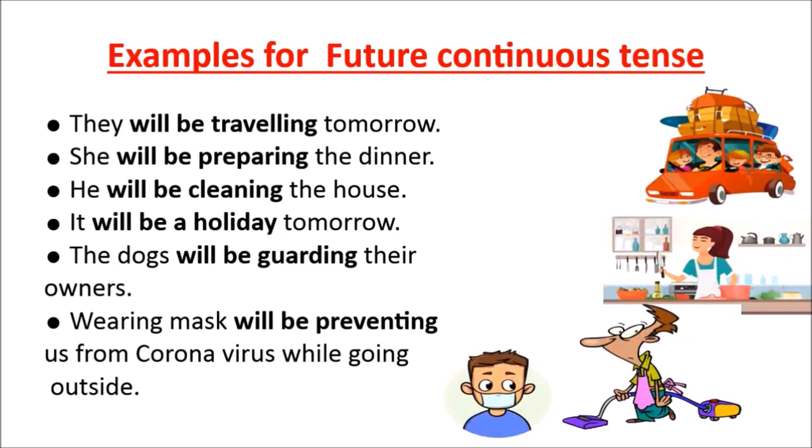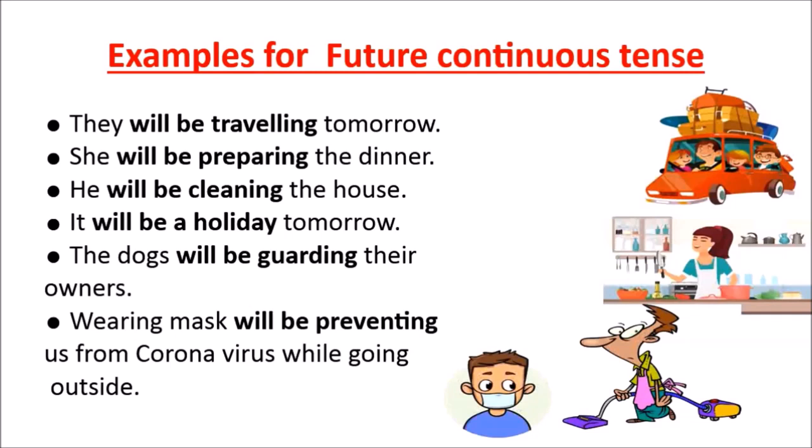So look at the next example. The dogs will be guarding their owners. So this is a regular action, but still it is a future action that is going to happen at some point of time in the future. Okay, so look at the next example. Wearing a mask will be preventing us from coronavirus while going outside.